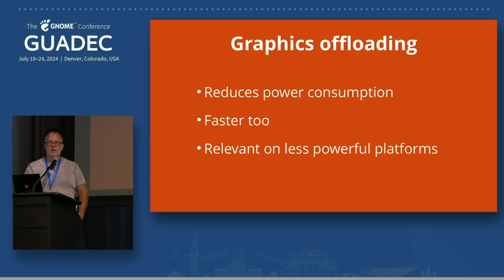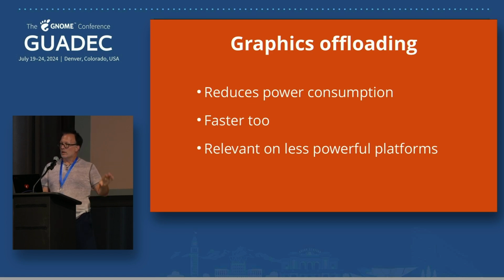Right, so why do all these complications? It's pretty good for battery life, and it reduces power consumption. In particular, if you get those lucky circumstances I mentioned earlier, and your window is full screen playing a video, so we can get direct scanout all the way to the monitor.